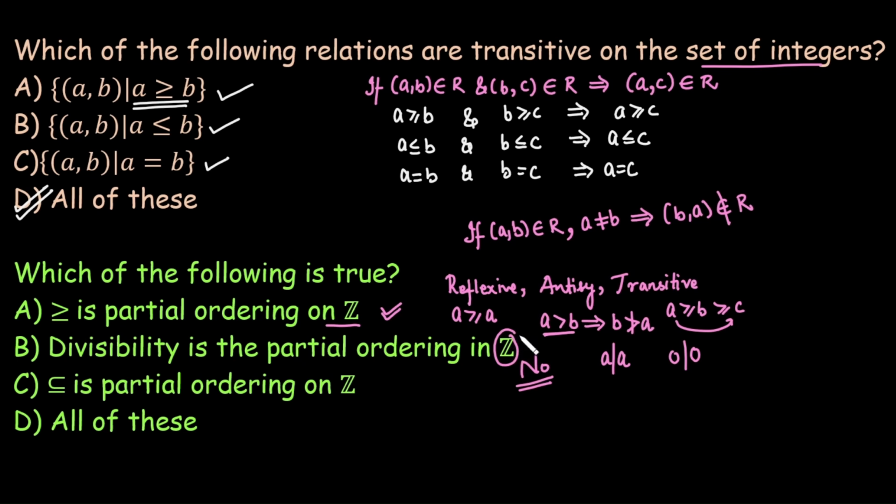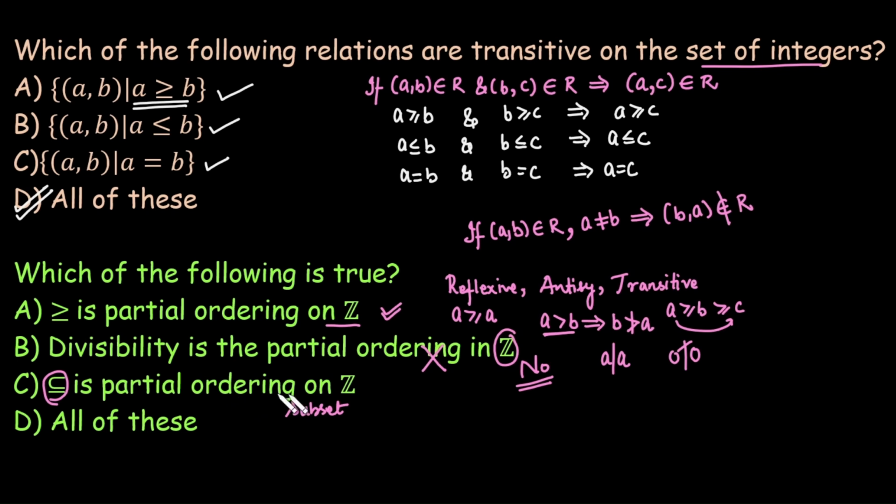In the set of integers we have 0 as well, and 0 does not divide itself, due to which it is not reflexive, and hence the divides relation is not a partial order on the set of integers. In the previous example, we had taken the set of positive integers, not the integers. So this option is completely incorrect. What about the next case? This means subset.